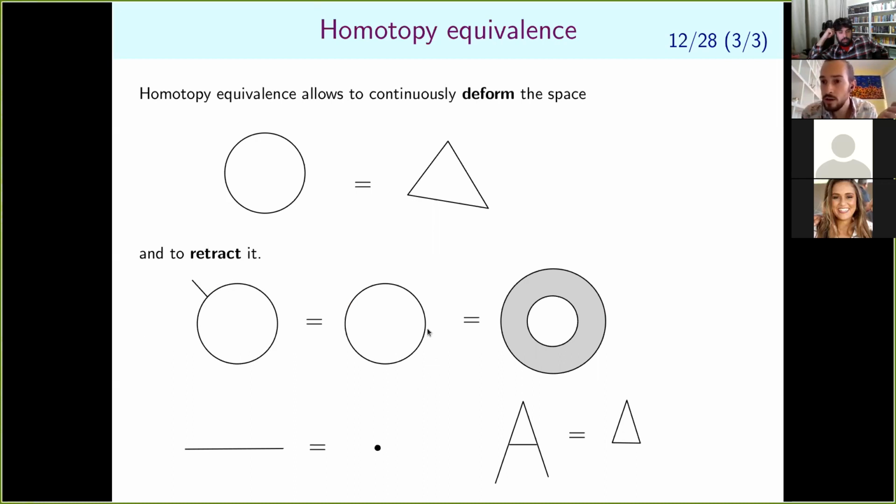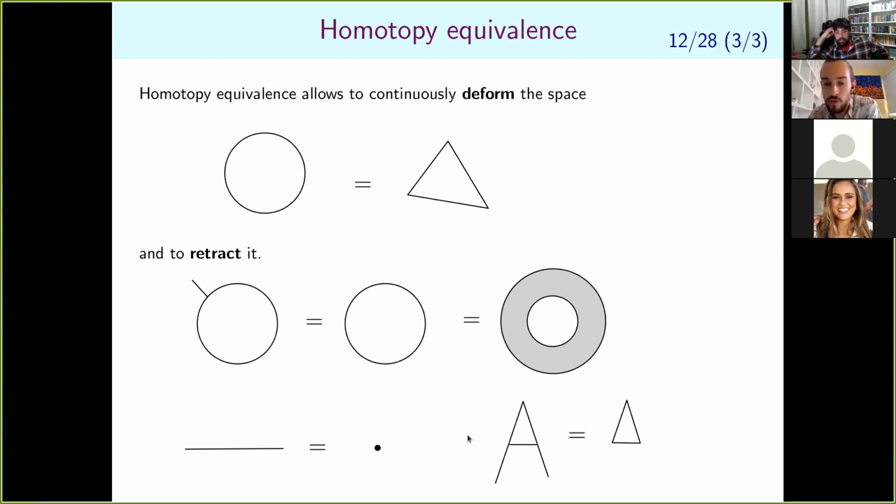These two are homotopy equivalent. So this is an annulus, right? I can retract the annulus on its inner circle. So the annulus and the circle are homotopy equivalent. The interval, I can retract it on itself, on a point. So the point is equal to an interval from a homotopy equivalence perspective.